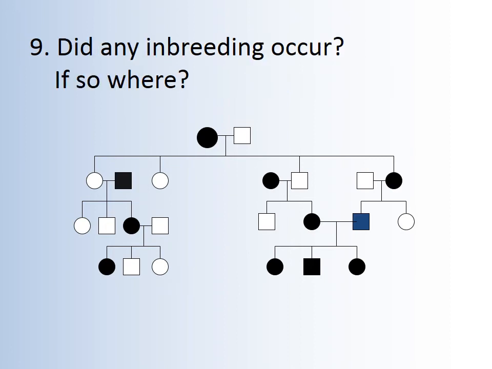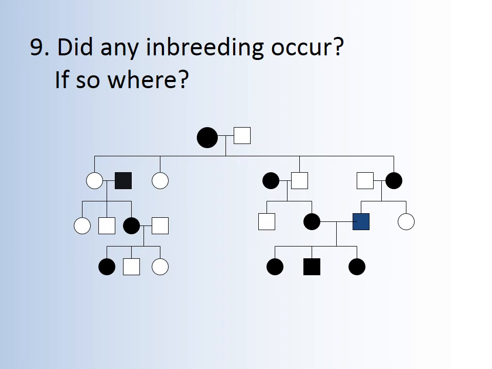Did any inbreeding occur? First of all, inbreeding is when you mate animals that are related to each other already. So for instance, cousins or brother and sister or something like that. So there was inbreeding.